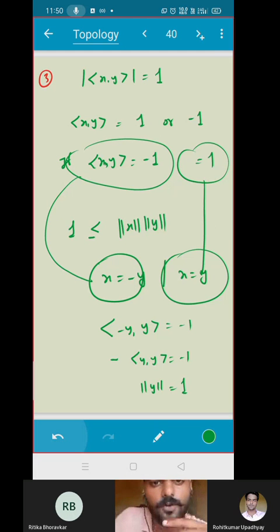I think I should have considered x plus y for this. Instead of considering x minus y, I should have considered x plus y.